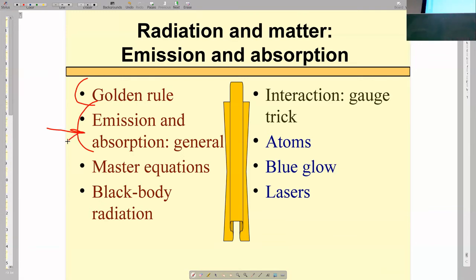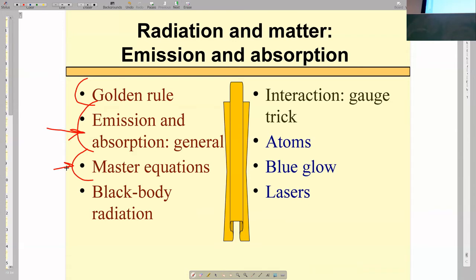And with that, we again make use of smuggled classical concepts. And again, we depart from precise quantum description. We will talk about master equations, very simple balance master equations.